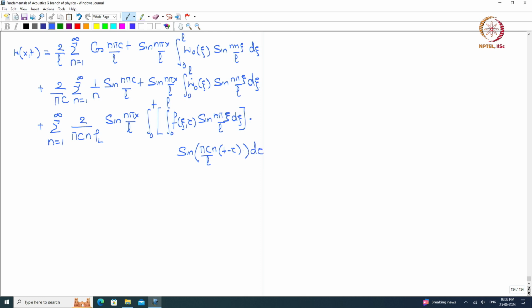Okay, so that's the solution with a forcing, homogeneous boundary conditions and initial conditions.